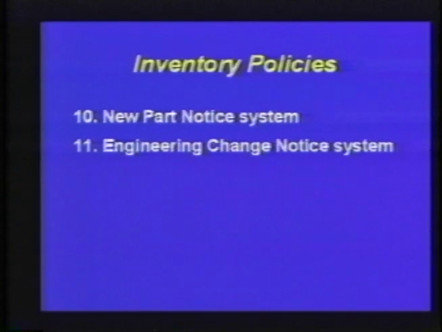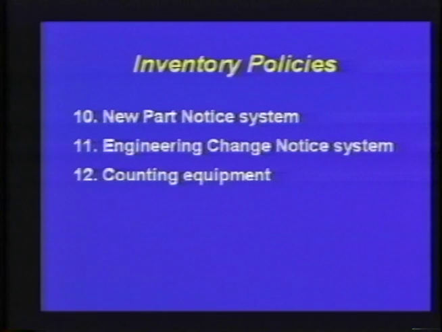Now, when you look at item 12 on top of page 4B, we're going to discuss counting equipment. Everything that is received into the storeroom must be counted. How can you count small items that are in, let's say, larger quantities? You're certainly not going to sit there and count by the ones.